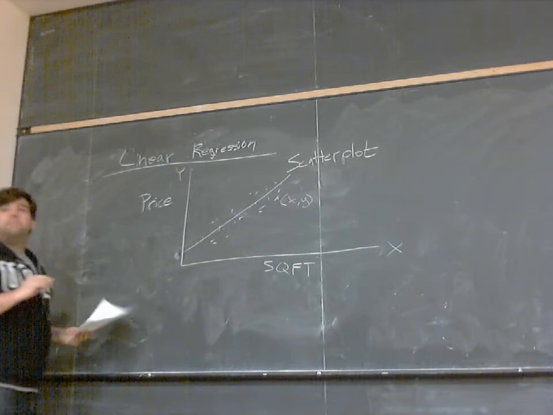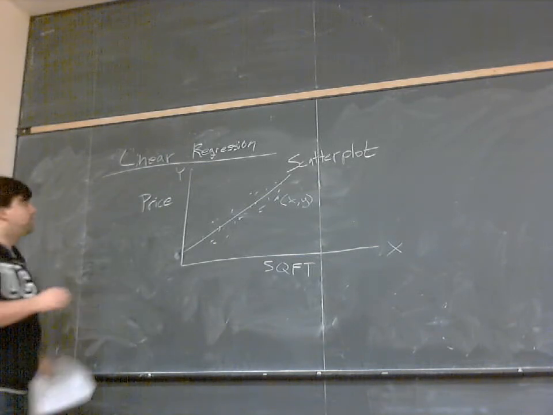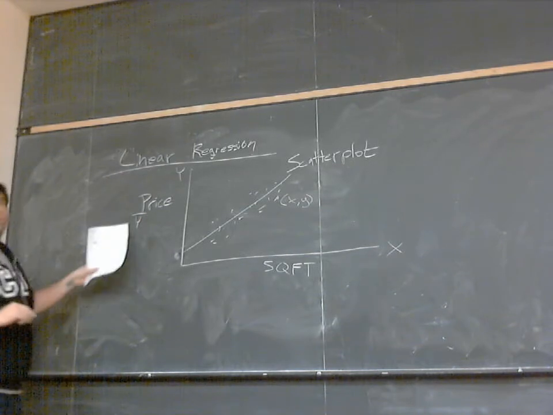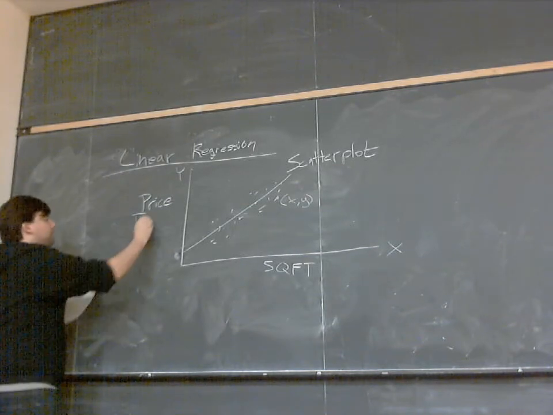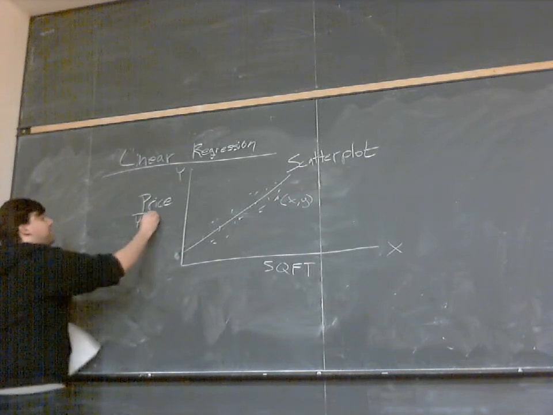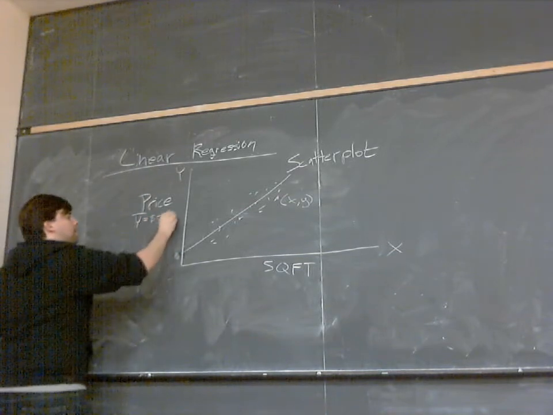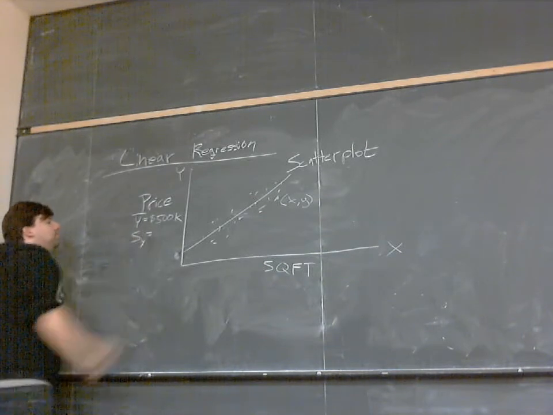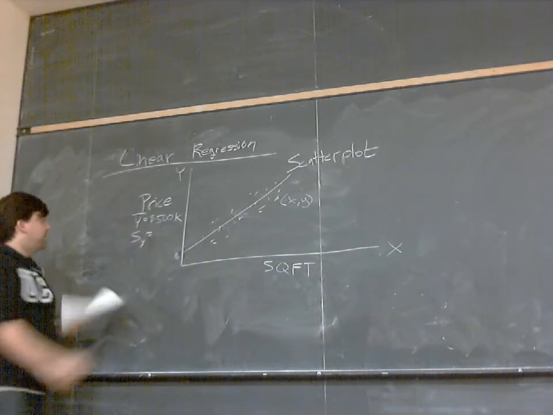You need to be given the mean and standard deviation for each of these. So price, my y variable, the mean is y bar. Let's say I had a mean of $500,000. The standard deviation of my y variable, let's say, is $100,000.